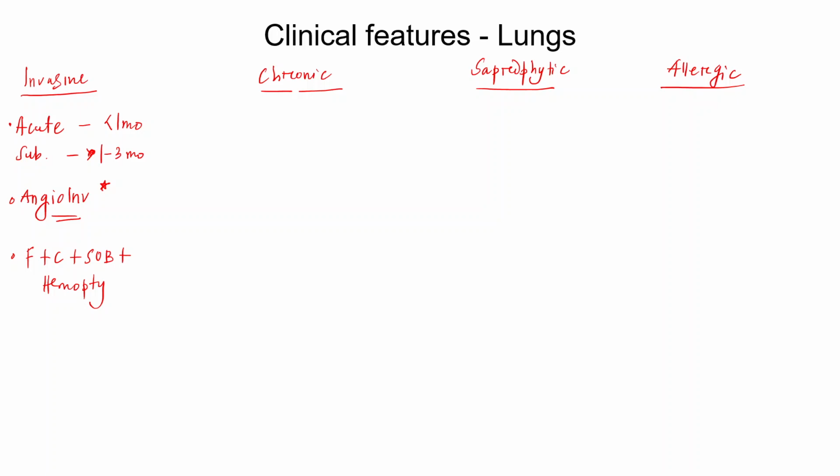Now they can have chronic pulmonary infections also. It is again three types. First, chronic cavitary type, which is very much similar to tuberculosis. Usually these patients will have a prior history of tuberculosis, non-tubercular mycobacterial infection, or rheumatic lung disease.